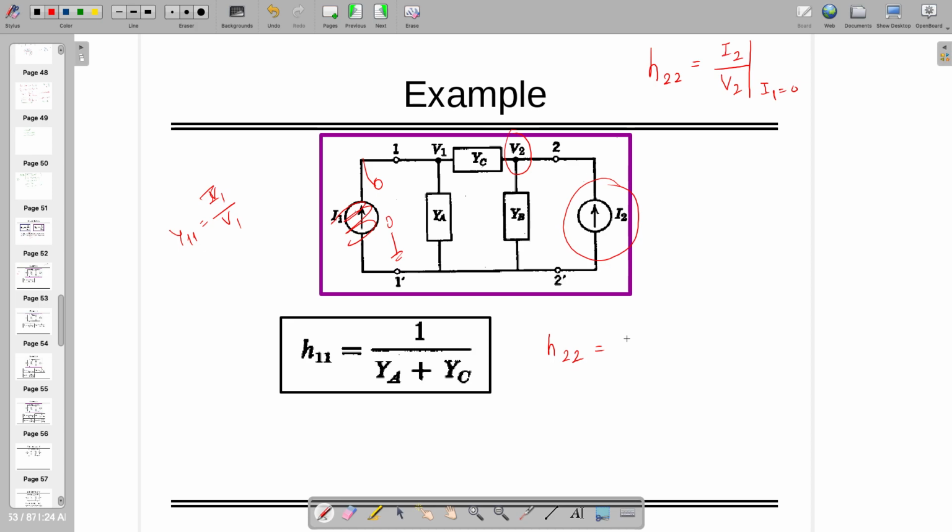So somebody got the answer? Vaishali? Am I doing it correctly, is this correct till now? Okay, divided by, plus YBYC plus YAYC.